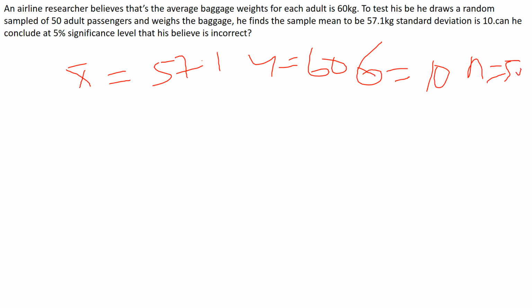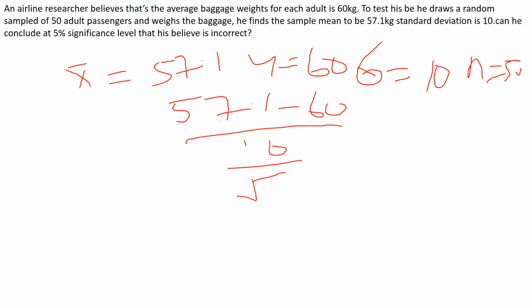So we can plug them in our formula. So we shall have 57.1 minus 60, divided by 10 divided by the square root of 50.